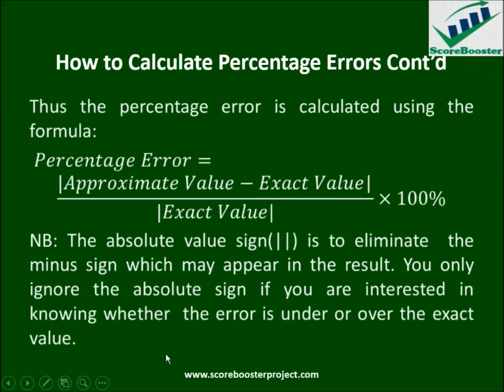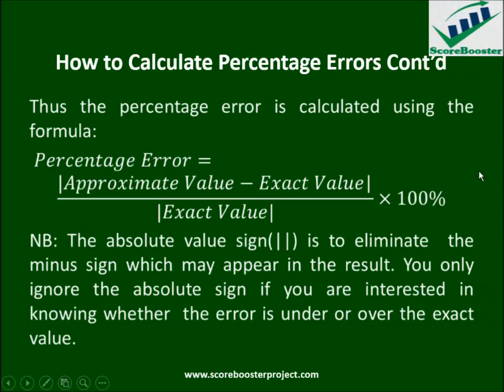It depends. Under examination conditions, it may not be necessary to ignore the absolute sign. However, it's always advisable to have a glance at your answer, since the JAMB examination is an objective exam, so you have alternatives as options. You could quickly go through the answers and see the format.